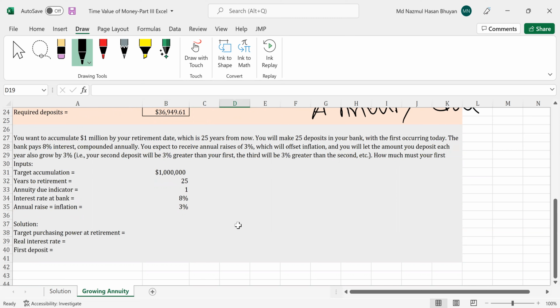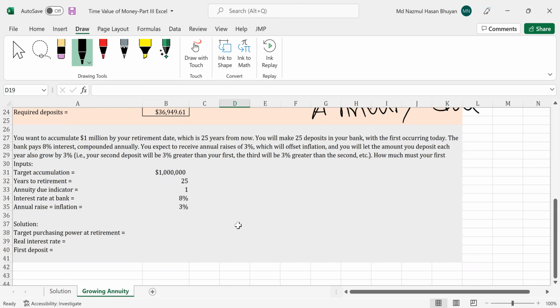And then your bank will pay an 8% interest rate. And then the annual inflation rate is 3%. At the same time, you're going to grow your payment by the annual inflation rate. Right. Now, the question is, what should be your very first payment, which will then grow by the inflation rate?